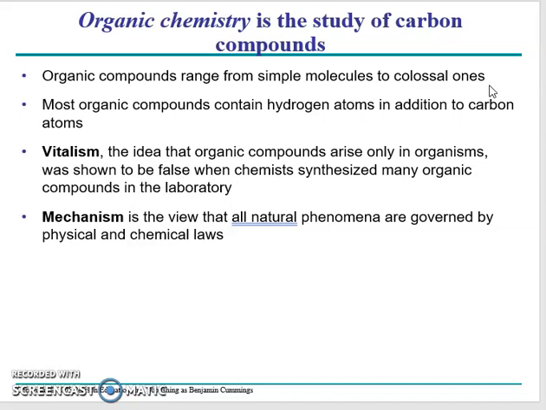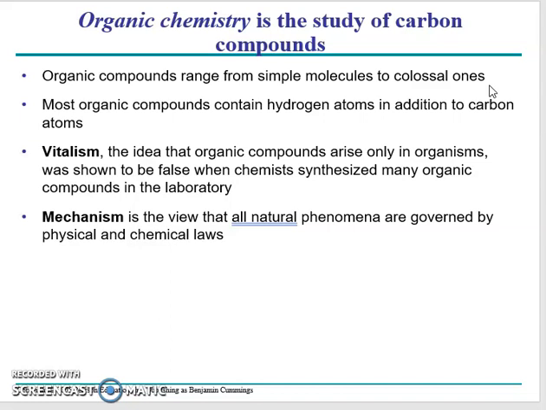Well, we've shown in the lab that it is possible to make organic compounds without life. So if you want to call that the egg, I guess the egg came first. However, we've never been able to synthesize a completely viable living thing in the lab. So the jury's still out. You can use whatever interpretation you'd like. Mechanism is the view that all natural phenomena are governed by physical and chemical laws, and that's pretty much what we're going to be operating under as far as biology.